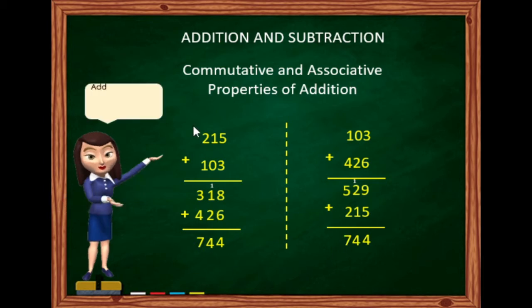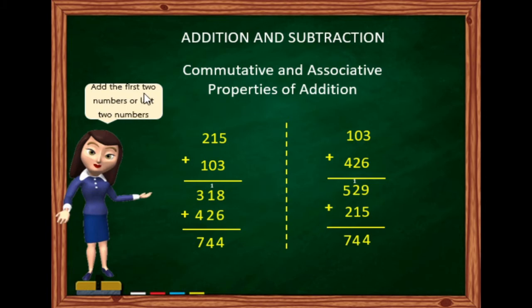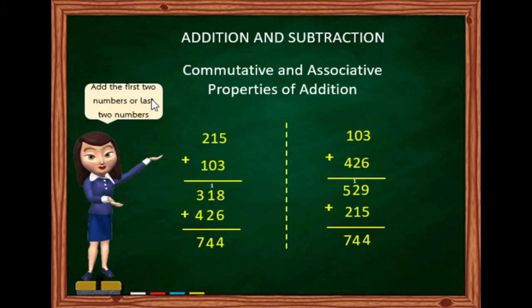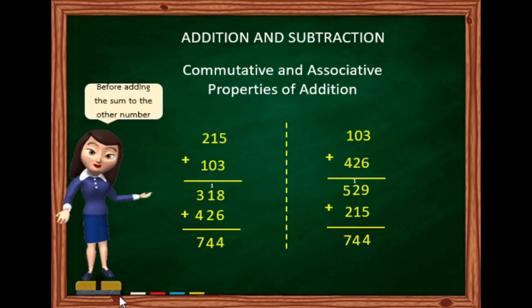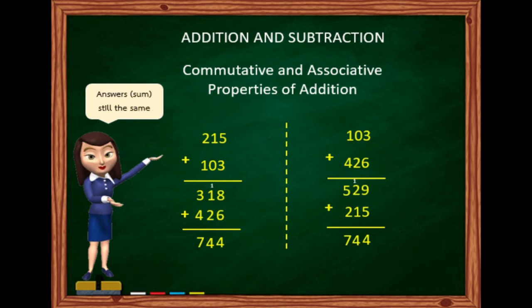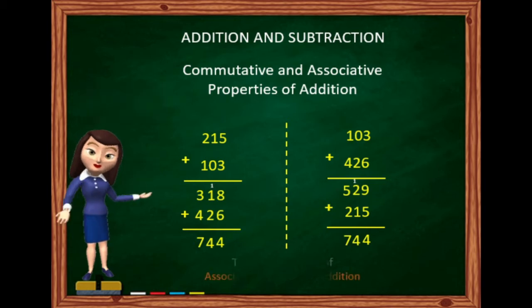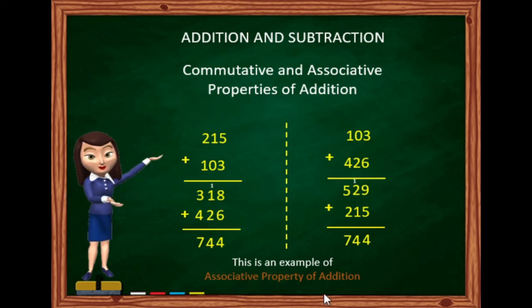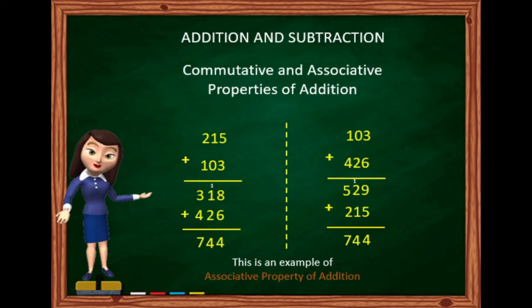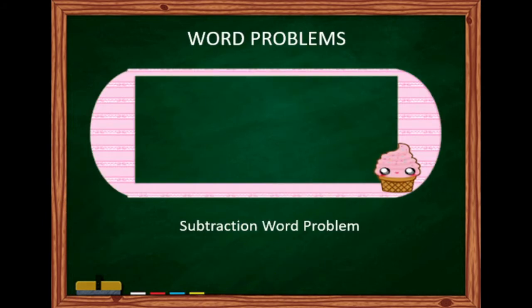This is an example of adding the first two or last two numbers before adding the sum to the other number. But still the answers are the same. This is an example of an associative property of addition. Associative property of addition.